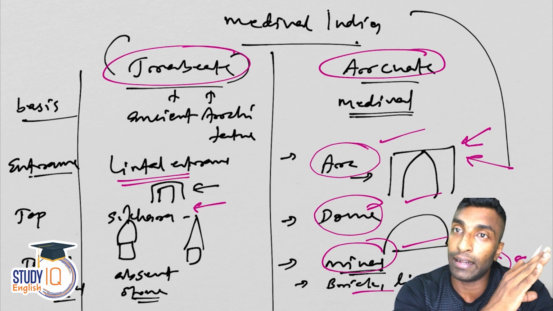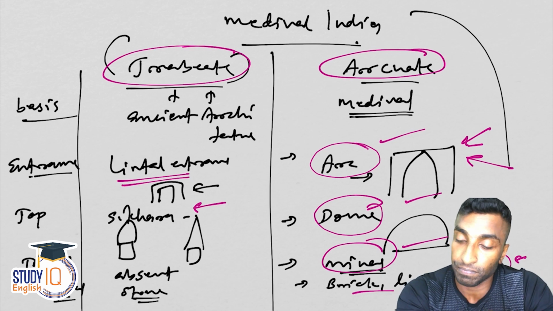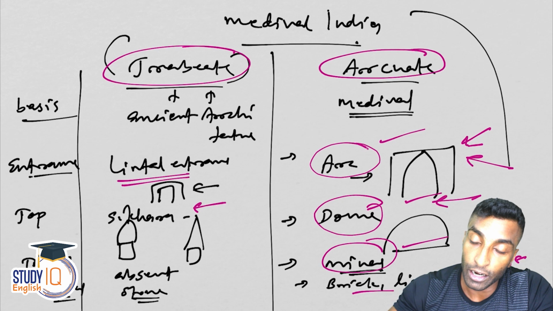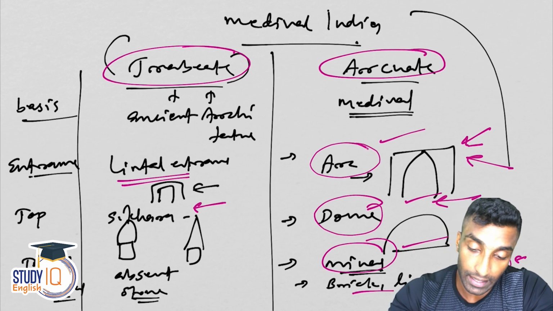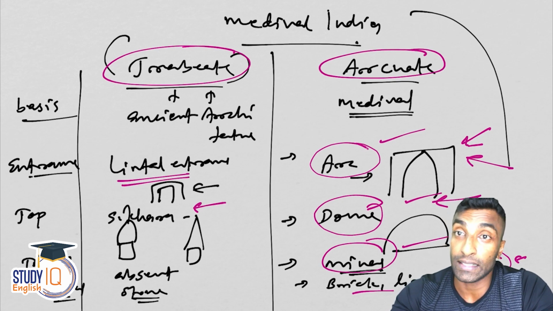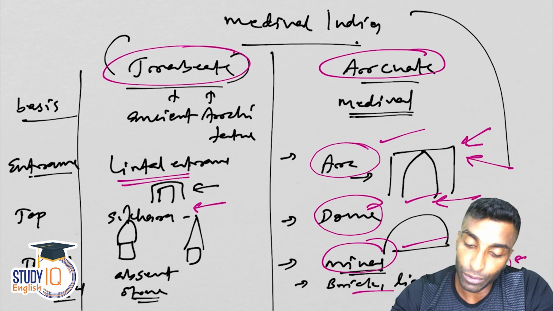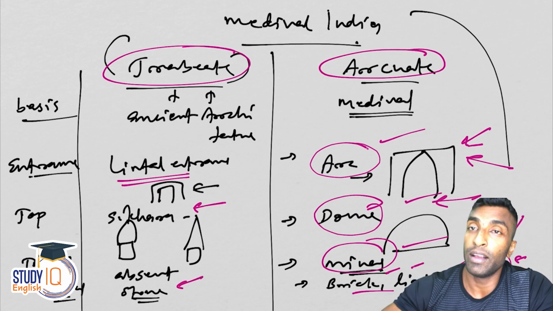Shikhara in the Nagara style of temple architecture, Vimana Dravida style. Okay, here you will be finding the dome, and towers are absent in Trabeate setup, and then minars you will find. This is for the purpose of Azan announcement. And material used is mostly the stone. Here, brick, lime, mortar. Mortar is again very important.